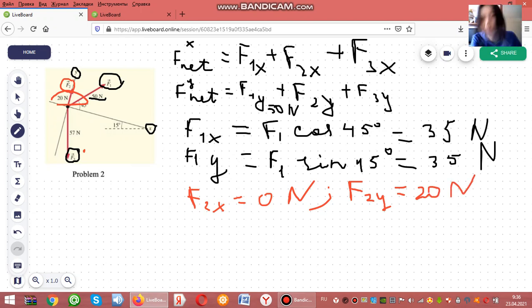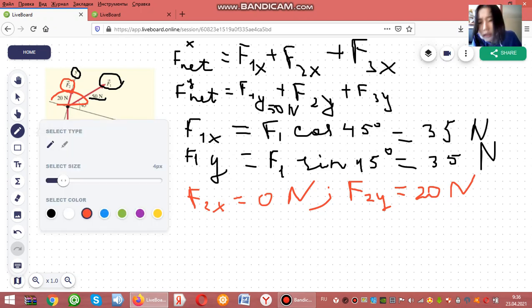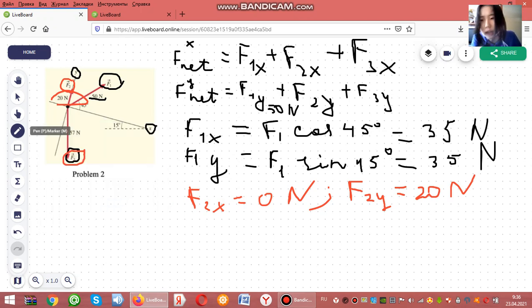And here finally F3. What about F3? To find the components of this force, I need to recognize that F3 points straight down, and the angle between F3 and x-axis is actually 75 degrees. Okay, so let me choose another color of my pen.